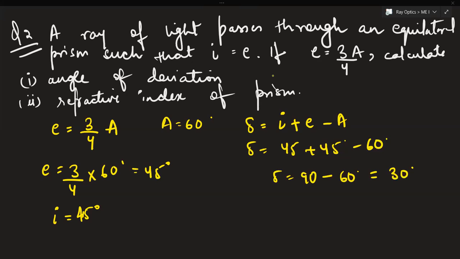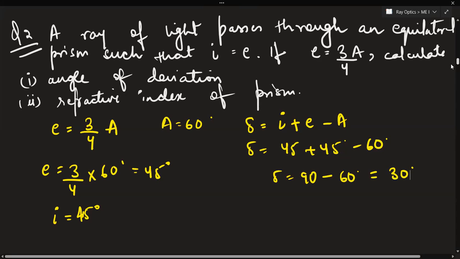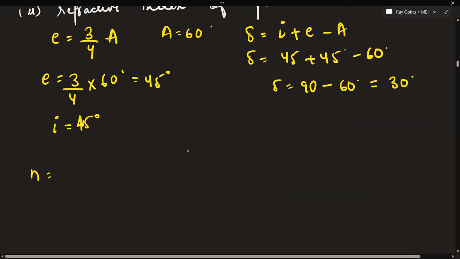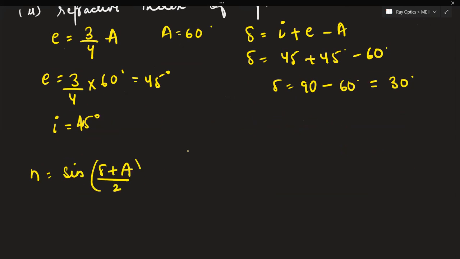Now you have delta, you have A, you just require these simple things only for the refractive index of the prism. So n will be sine (delta plus A) by 2 by sine A by 2.